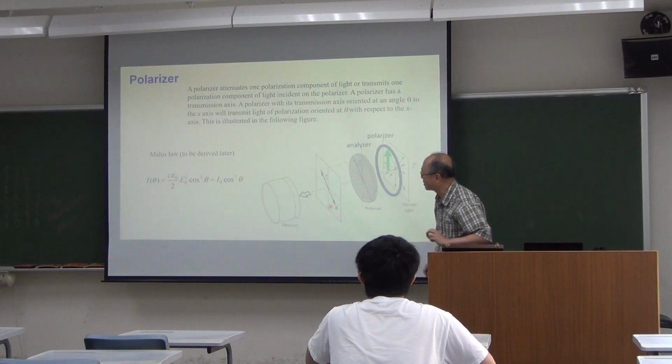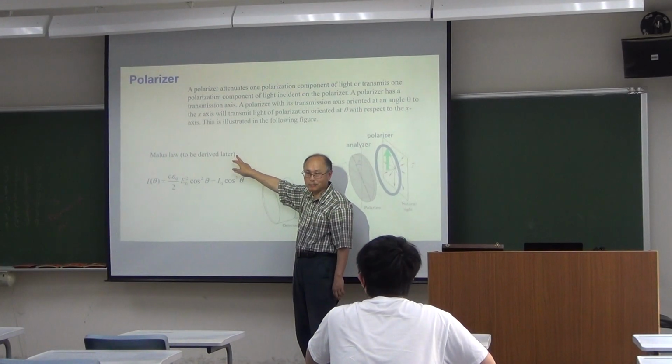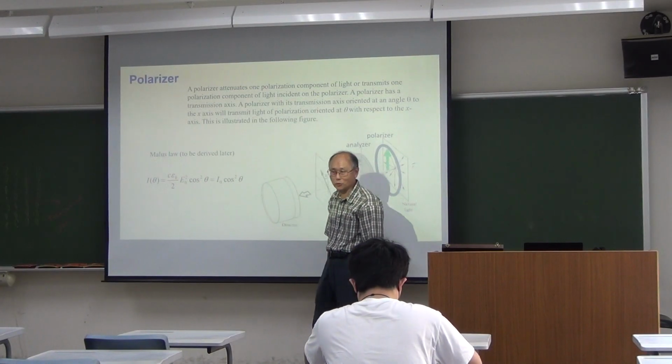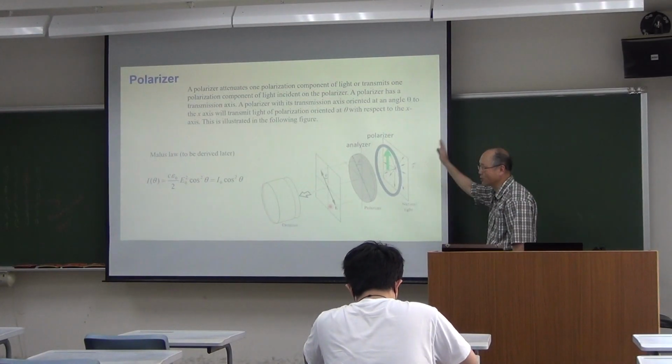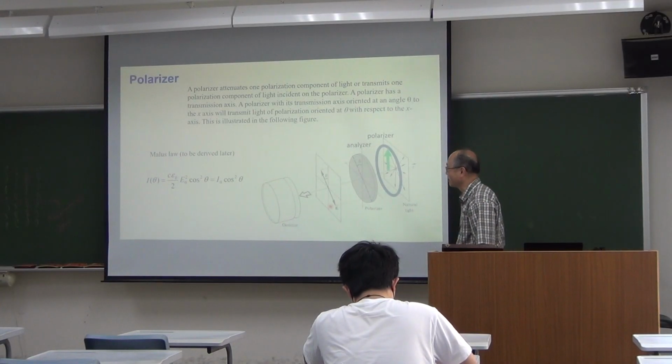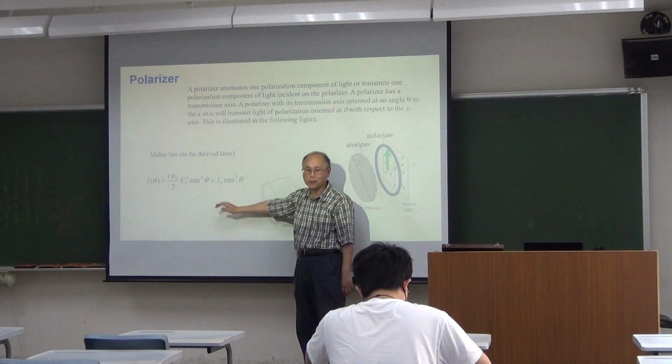We call this Malus's law, and we'll derive this in a moment by using the Jones matrix. This is sort of a little bit of a tutorial for you, and we'll be deriving this in a moment.